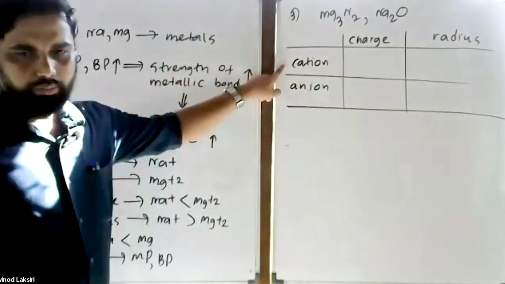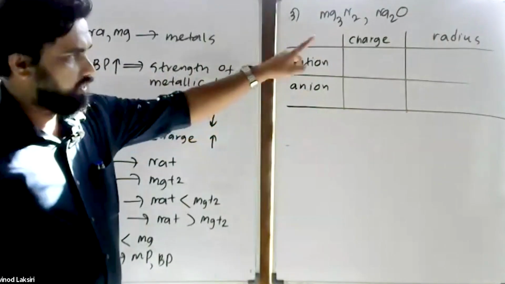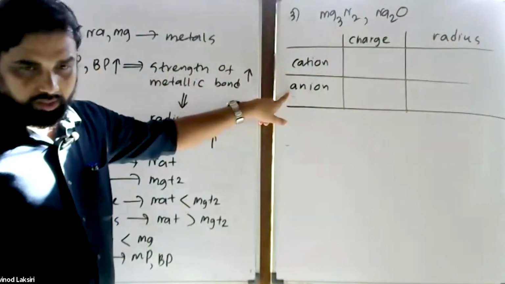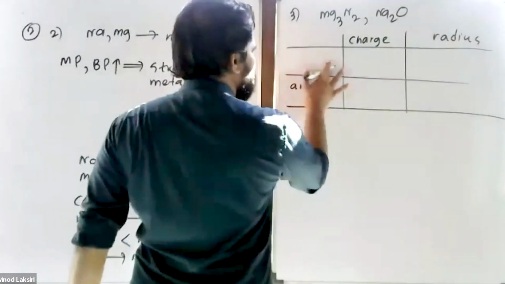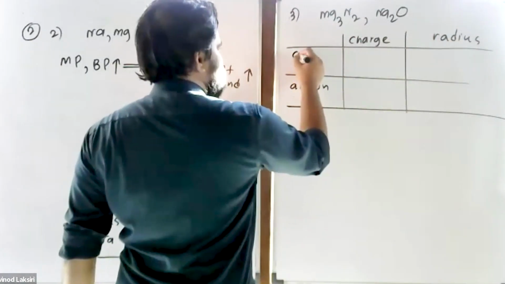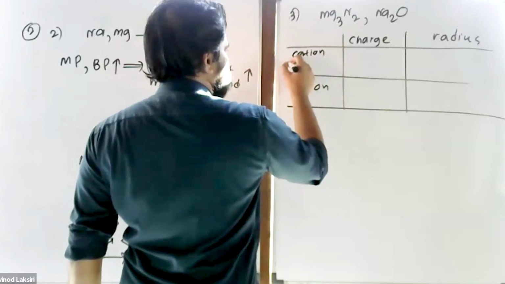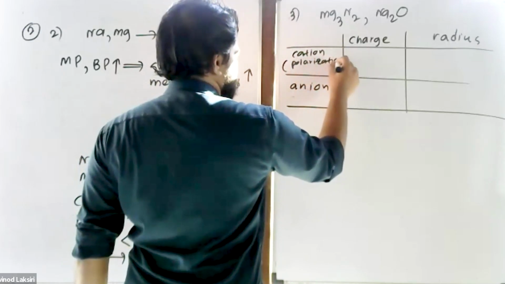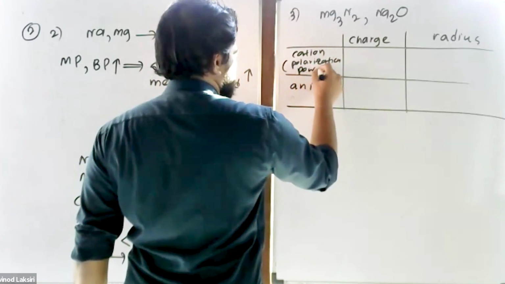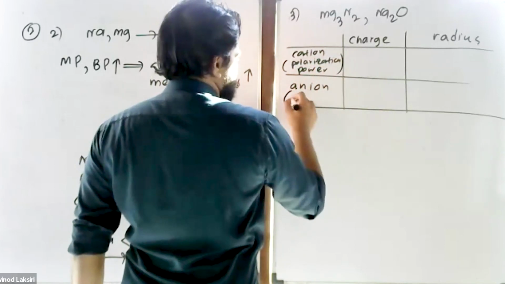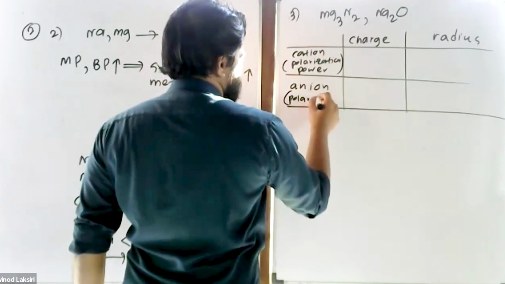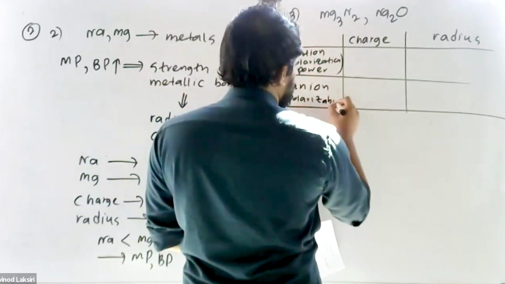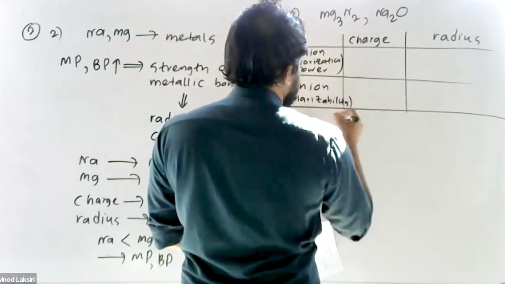So polarization power of cation depends on the charge and radius. Polarizability of anion depends on the charge and radius. So here, cation polarization power, anion polarizability. Right?